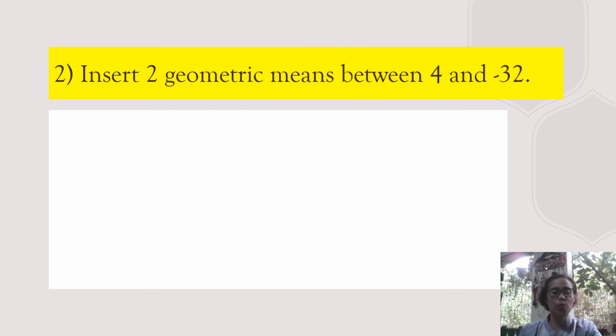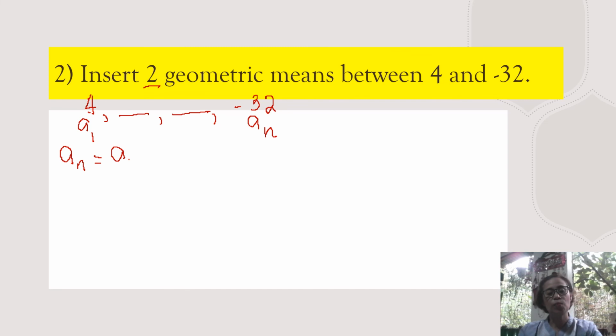So again, step 1 is to list 4, blank, blank, and then negative 32, because the problem says to insert two geometric means. So we identify that this is our A1 and this is our A sub n. Remember, in the first problem, we need to find out the common ratio. So this is the formula.